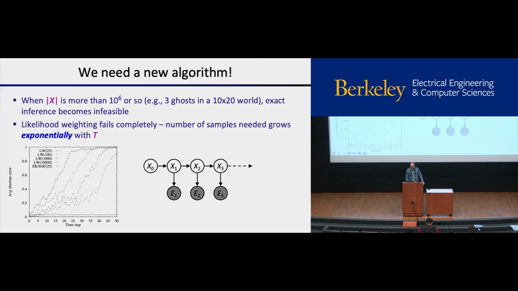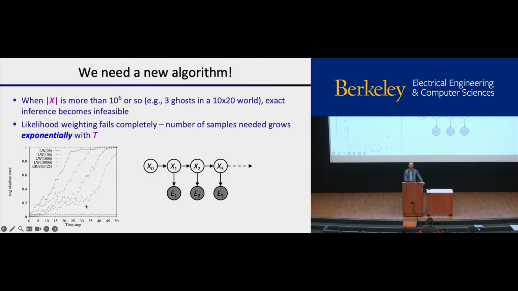Here, the line at the bottom is going to be the method that I'm going to tell you about. These lines up here are what happens for likelihood weighting depending on how many samples you're using. Basically, comparing this to that and this to that is decupling the number of samples.